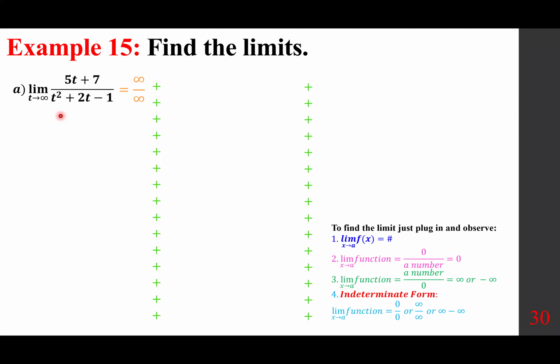The technique is very simple, everybody. Because t is approaching infinity, you divide by the highest degree term in the denominator, namely x squared. That's the methodology. And you simplify each one.